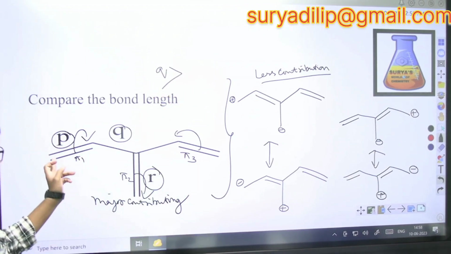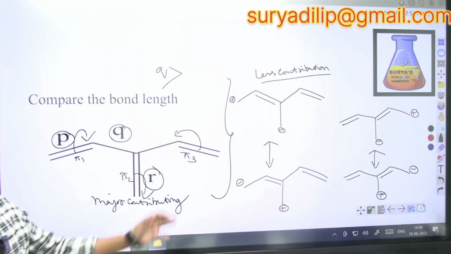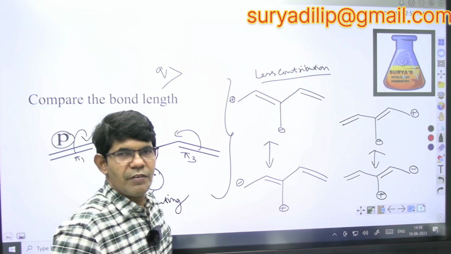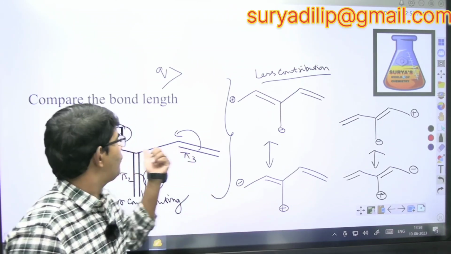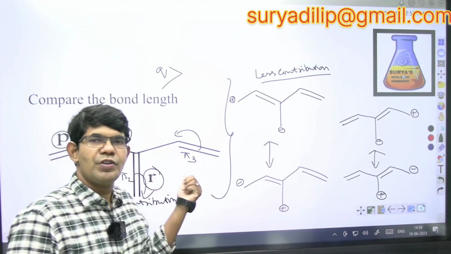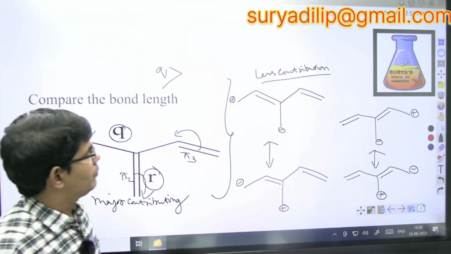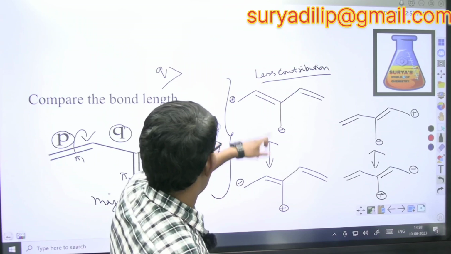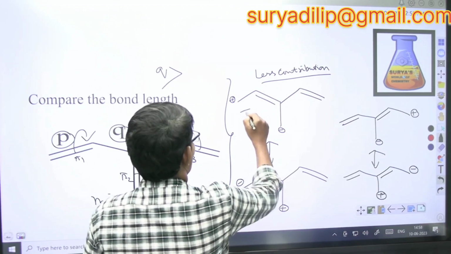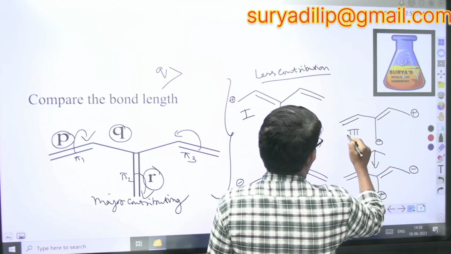Now, how do you compare P and R? For that, we can follow these resonating structures which have relatively less contribution. So why did I take the first one? Because it has major contribution to the resonance hybrid. Clear? Now let's see. In these resonating structures, say this is 1, this is 2, this is 3, and this is 4.